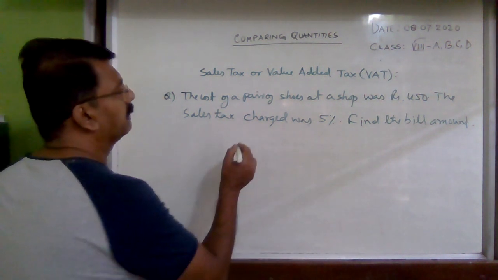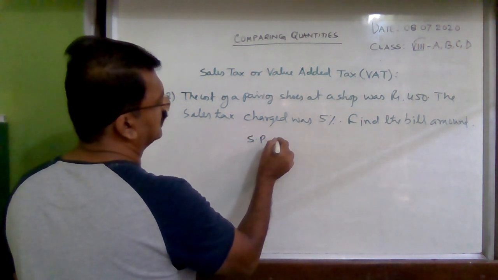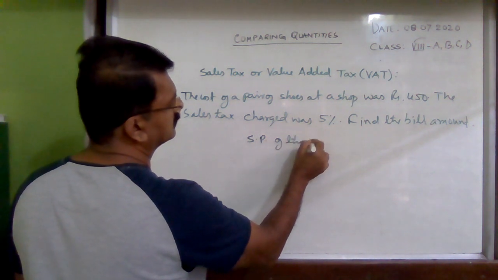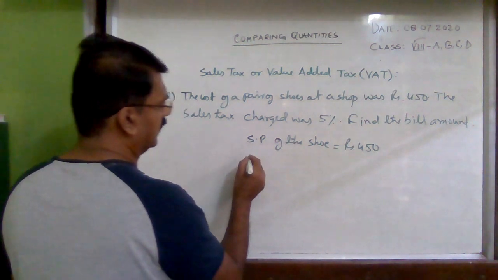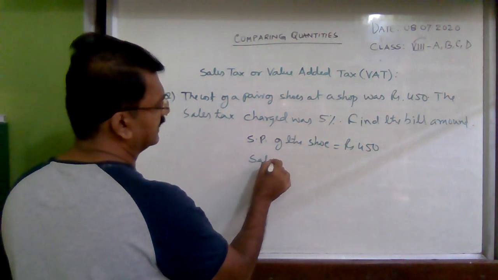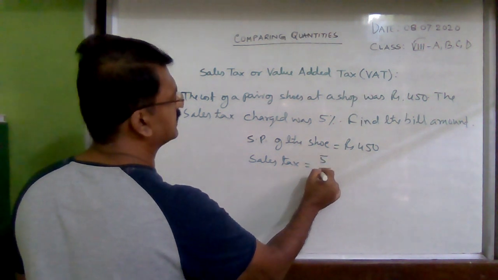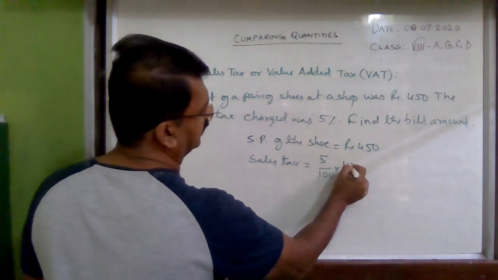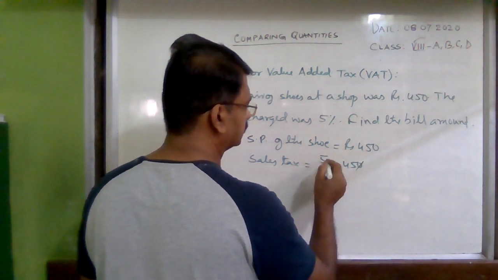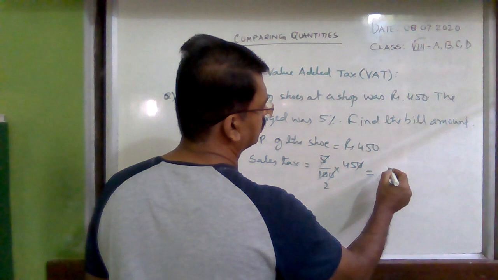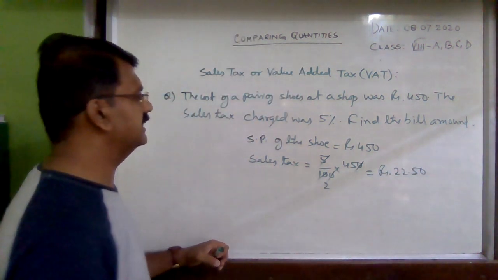So first of all, selling price of the shoe is rupees 450. Sales tax is 5% of 450. Okay, it is 5% of 450. Rupees 22.50. That is the sales tax.